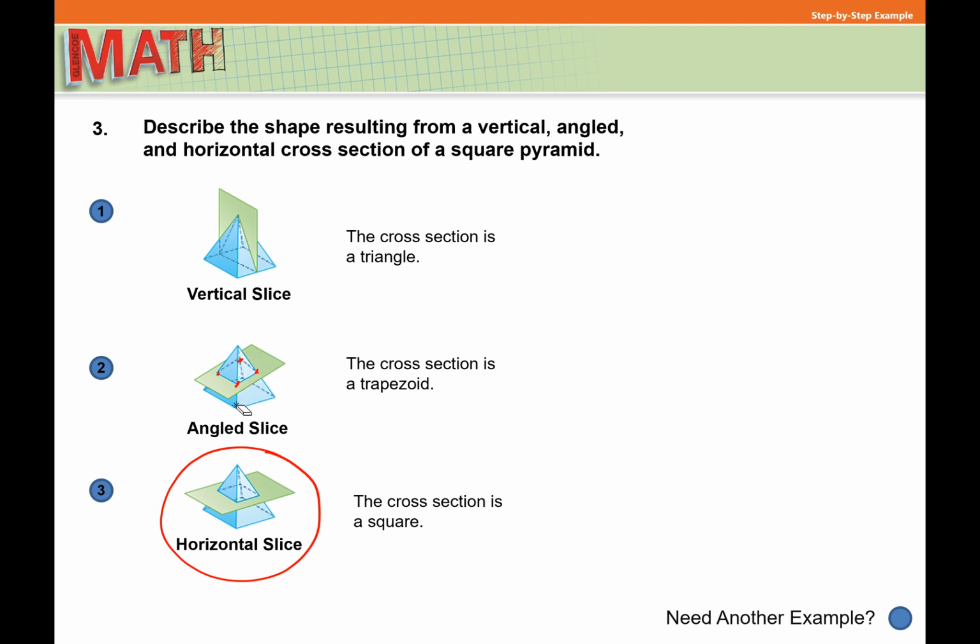So we've got two points that are closer and two points that are further. If I make two points that are close and two points that are farther, and I connect those, then that's going to be a trapezoid. So the angled slice is a bit tricky, but you need to think, what is my base shape, and how has that changed depending on where I'm at in the particular figure.